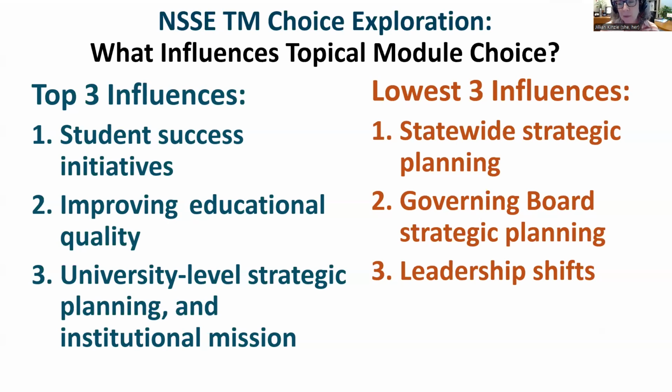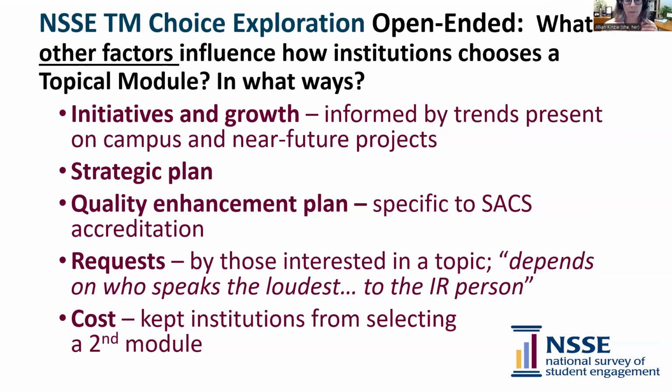And this means essentially a new leader came in and said, we're going to focus on X, and we need to build up our assessment protocol for that. So that didn't happen very often. So these were influences. And again, I invite you to think about what influences might be driving some of the topical module choices at your institution.